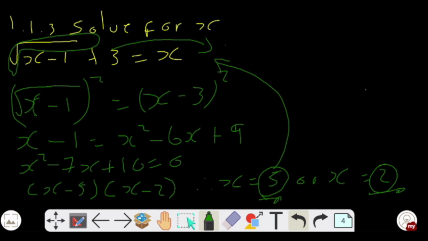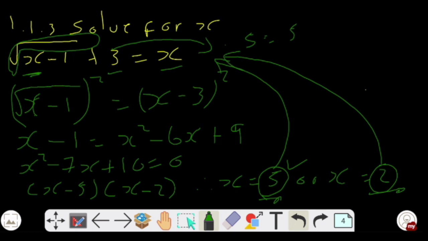With 5 in the space of x, it's 5 minus 1, which is 4, the square root of 4 is 2, 2 plus 3 is 5, and then 5 and 5 on both sides, meaning our solution is correct.